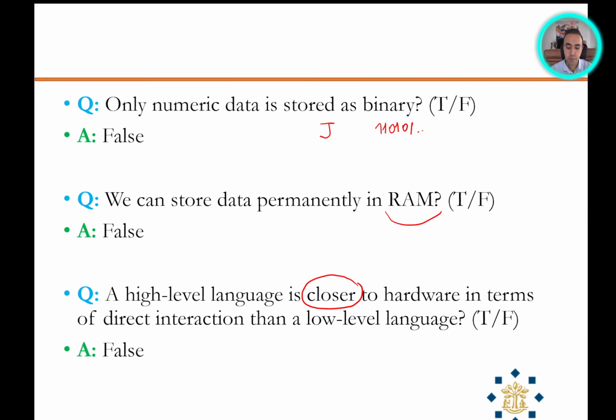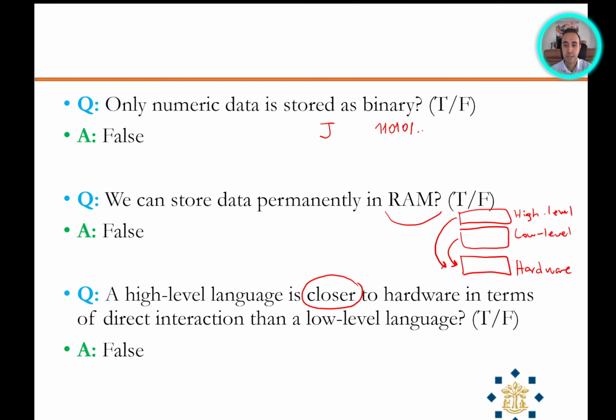Here was the hardware, here we have our low-level languages, and on top we have the high-level language. So in terms of closeness, the low-level language is closer than the high-level language, right? So the answer is false.